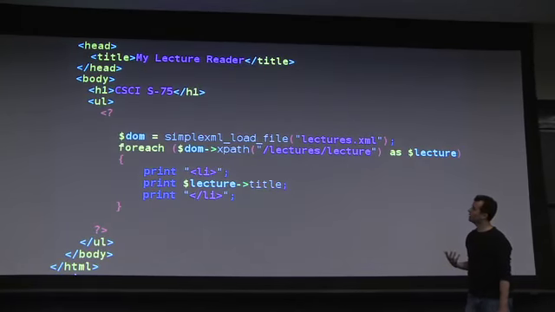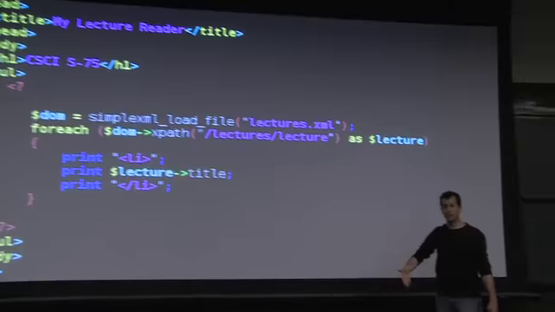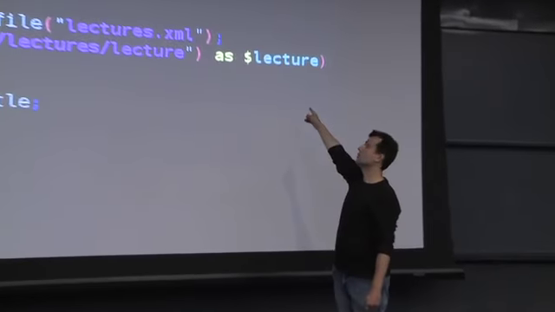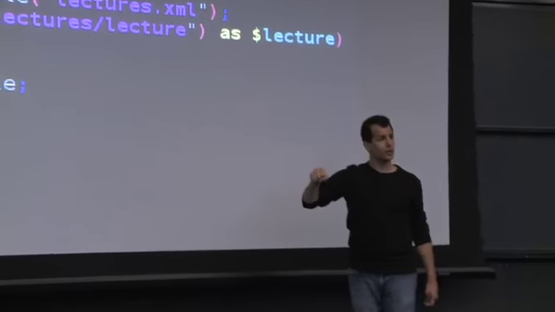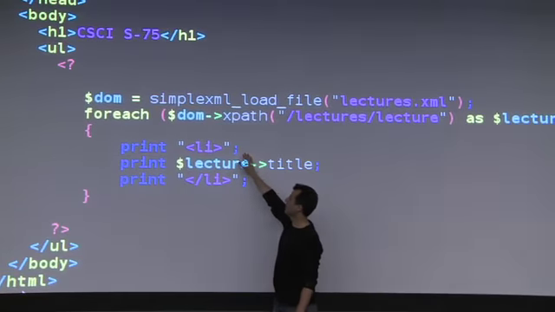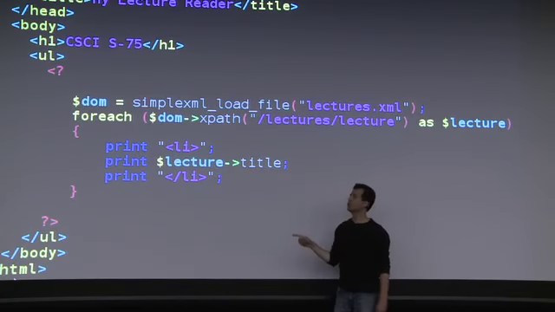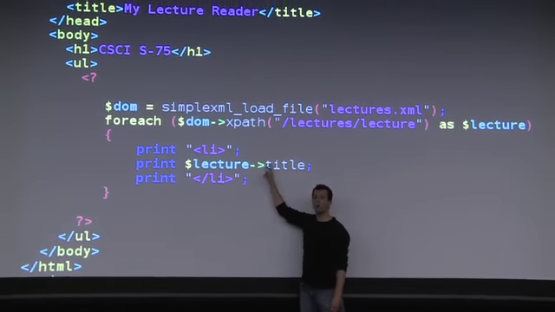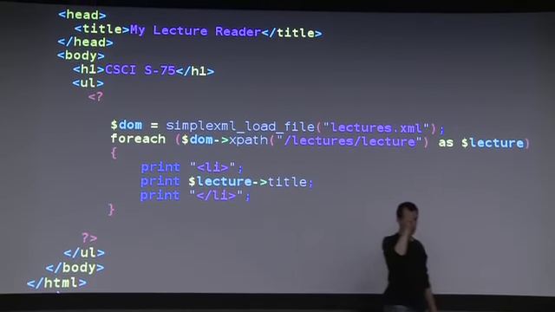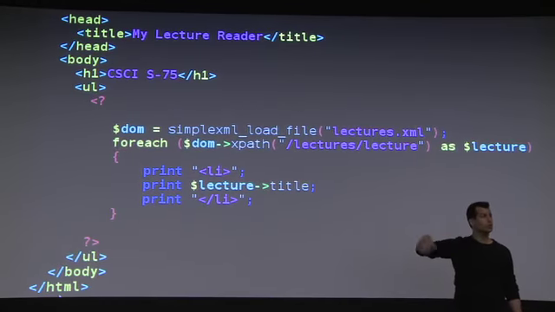So if I get back one or more lectures, this foreach loop, like we saw last week, is going to iterate over that array. And on each iteration, it's going to update the value of $lecture to be that lecture. And so on each iteration of this loop, we're going to print out an li and a close li, inside of which is going to be lecture title. So this too refers to the simple XML API. If you just want to start at a node and go one level deeper without doing a search, XPath is allowing me to search the whole tree.